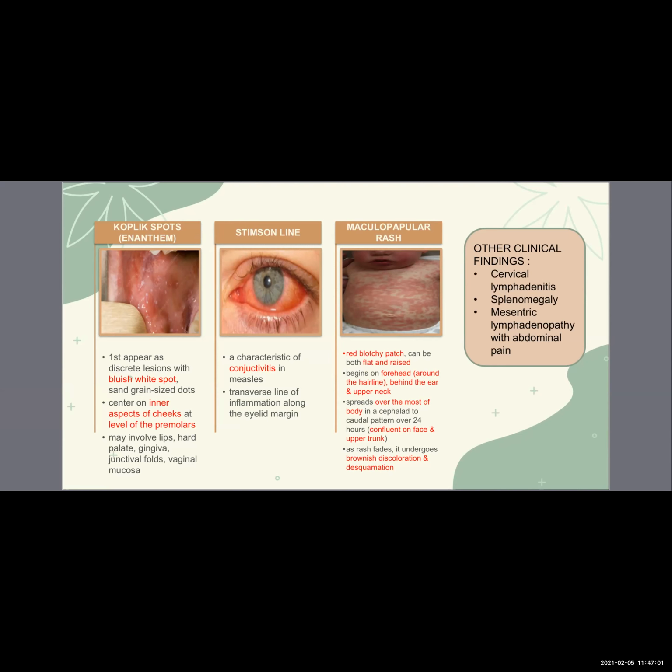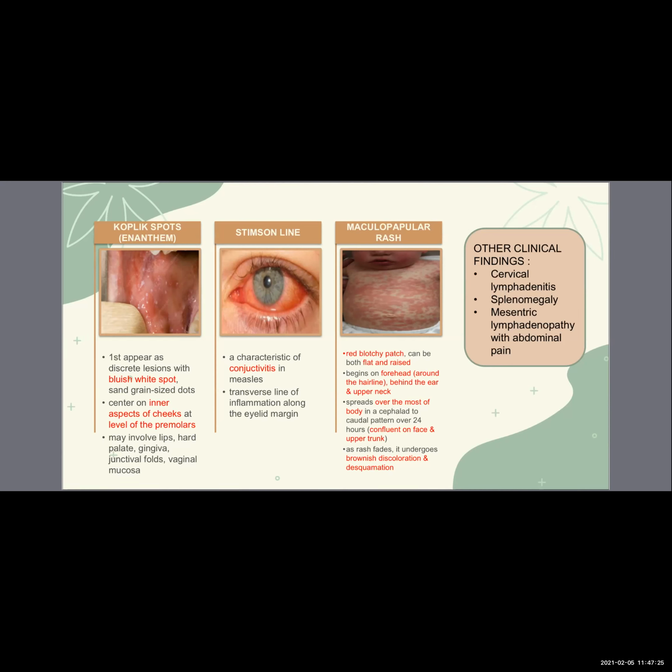Next is the maculopapular rash. It is characterized as red blotchy patches that can be both flat and raised. It usually begins on the forehead, around the hairline, behind the ear and upper neck. It can spread over most of the body in a cephalocaudal pattern over a period of 24 hours.